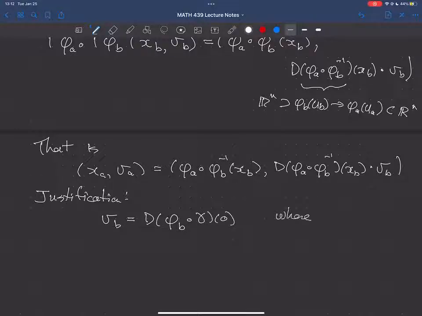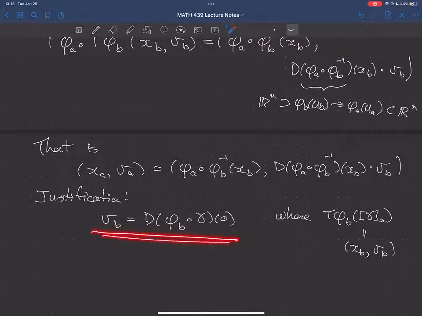Where gamma is such that phi B of gamma of 0 is equal to (X_B, V_B)... Okay, so gamma is the curve which, when I write it in coordinates, is equal to that. So that's just the definition of T phi B.